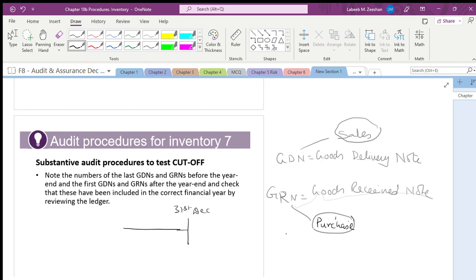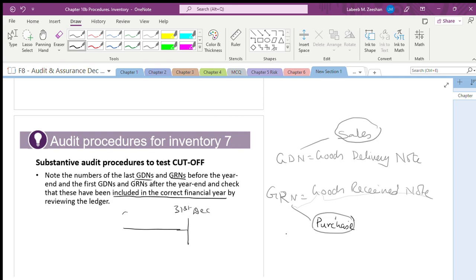Note the numbers of the last GDN and GRN before the year end and the first GDN and GRN after the year end, and check whether they have been included in the correct financial year.